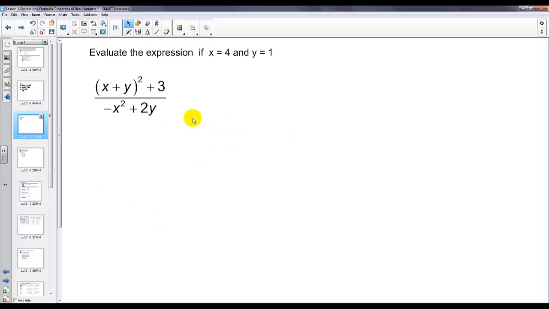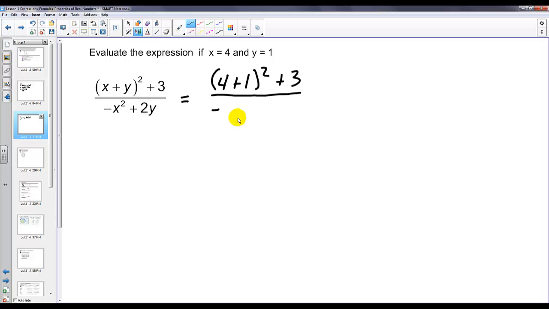Similar example, except this time we have a rational expression. This is in terms of x and y. My x value in this case is 4, my y value in this case is 1. So I'll go ahead and just make sure that I substitute. I have 4 plus 1 quantity squared plus 3 over the opposite of 4 squared.